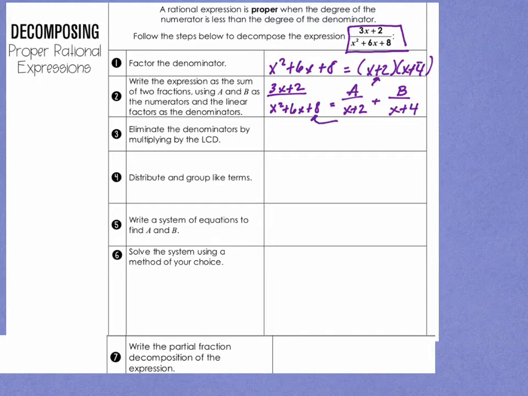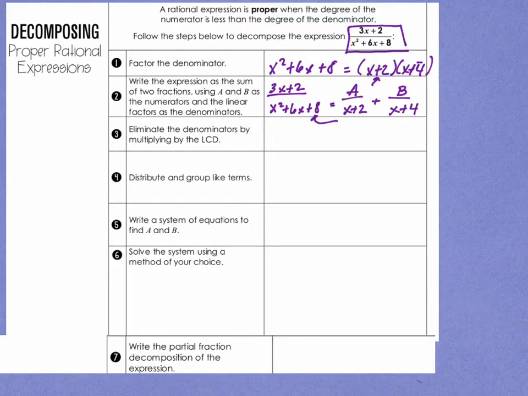That's the second step. The third step is to multiply by the least common denominator to eliminate the denominator.